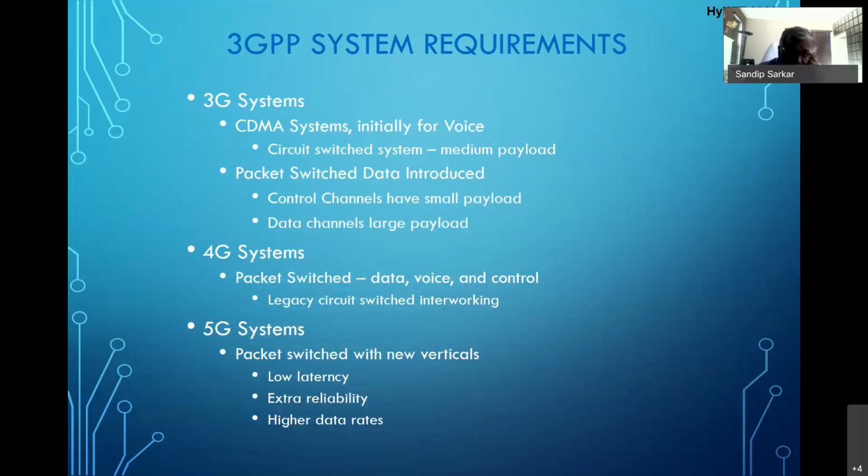So in 3G systems, as we talked about, we went from voice to data. Now with 5G, there is a whole lot of new verticals that are involved. If you look at 5G, I would say there are roughly 3 areas that 5G went in. The first is eMBB, which is enhanced broadband, for larger data rates.